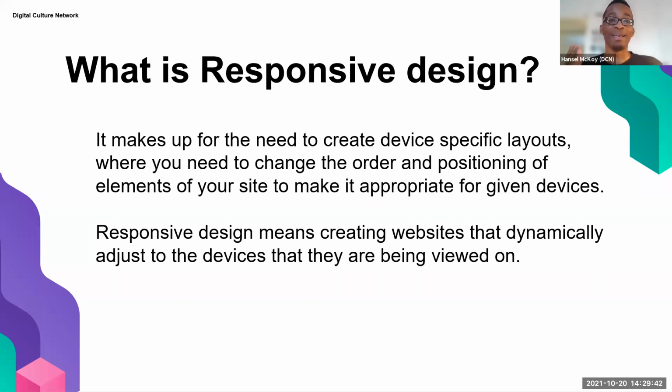All it means is making sure that your website is accessible no matter what device a user is browsing on, and that you're offering them a tailored experience, so that when a user opens that website on a smaller screen size, they still have a good user experience. This is very important because it means that you're not inadvertently turning users away simply because of the browsers and the devices that they're using.